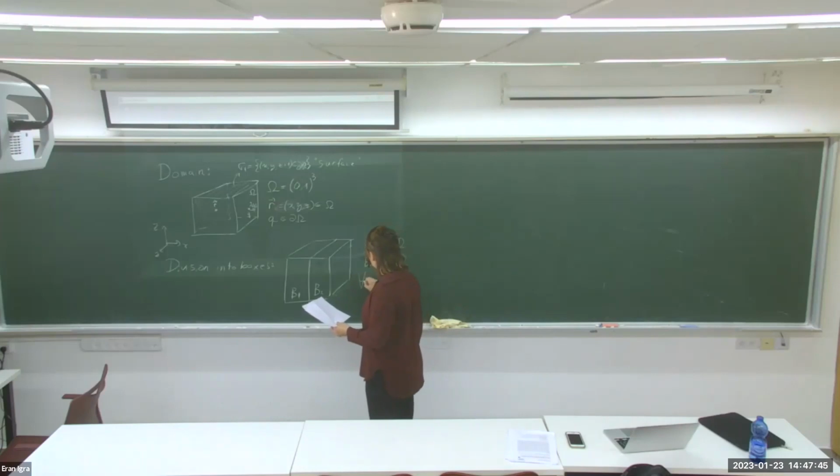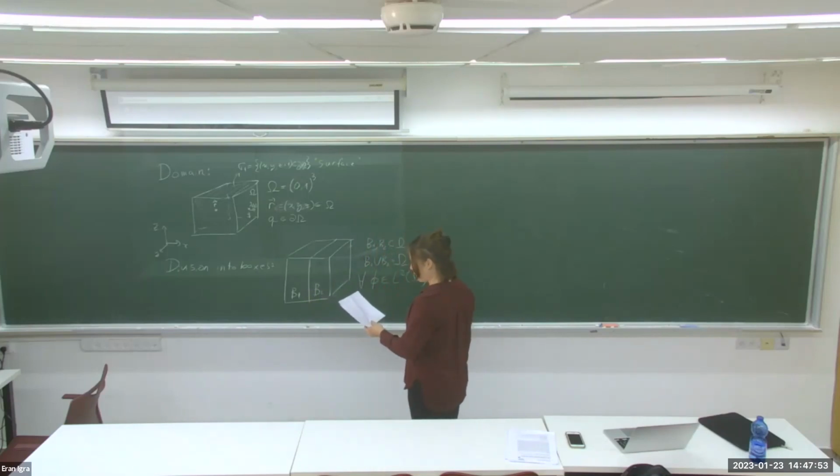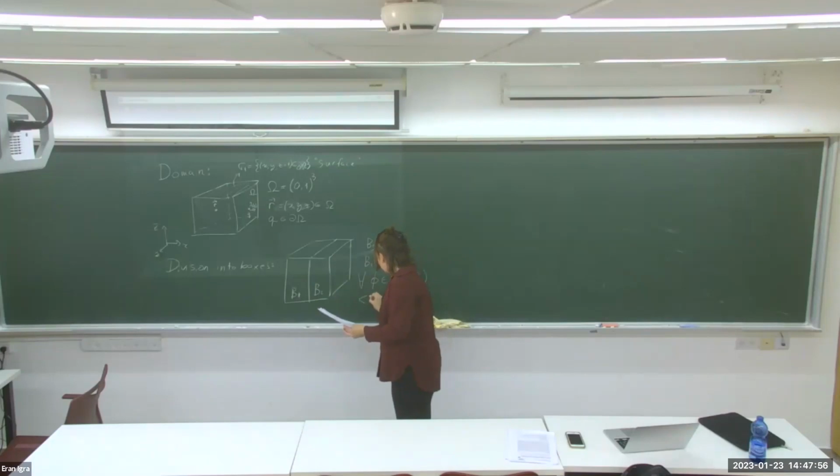Let's say that we have a function phi in L2 of omega. Then we just want to denote these brackets. Bracket phi i is going to be the average of phi over box i.